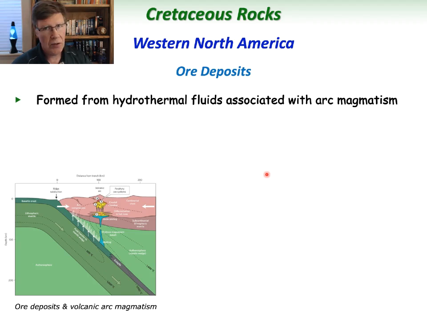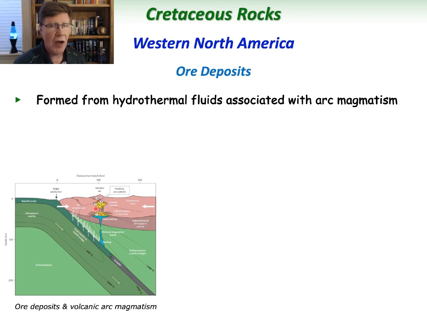Some other important rock types in western North America include ore deposits. So these aren't necessarily individual rock formations, but they're ore deposits in different locations across western North America that were developed during the Cretaceous. If we look at the tectonic picture here, we had a subducting slab, magmas coming up off the slab, lots of fluids coming off the slab, causing melting.